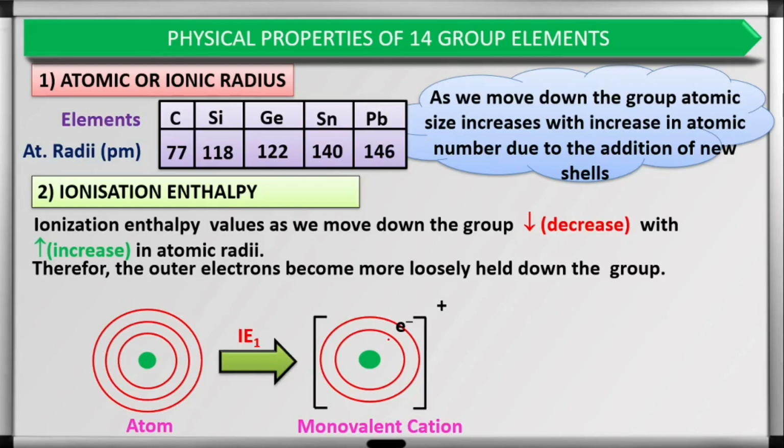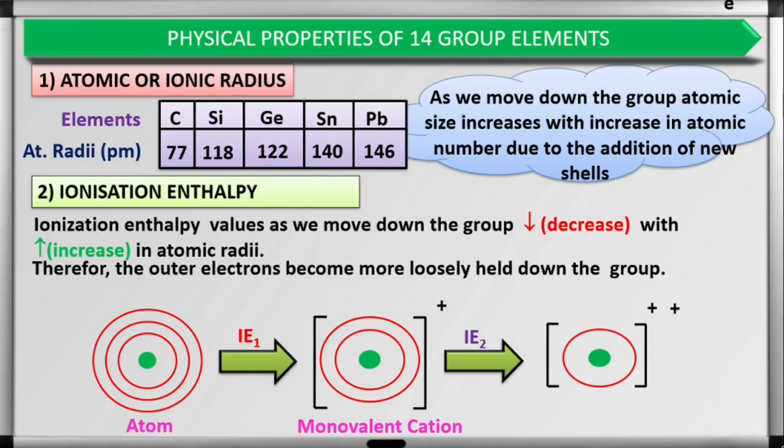So see here, after we look at the loss of electron, in the second ionization enthalpy there is a formation of divalent cation, and in that divalent cation, if we look at the distance and compare, see here, in the first ionization enthalpy the electron is here, in the atom the electron is here.